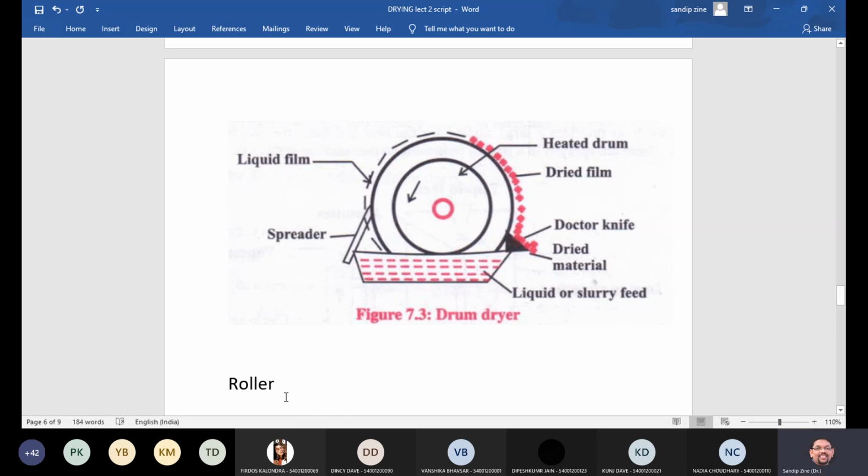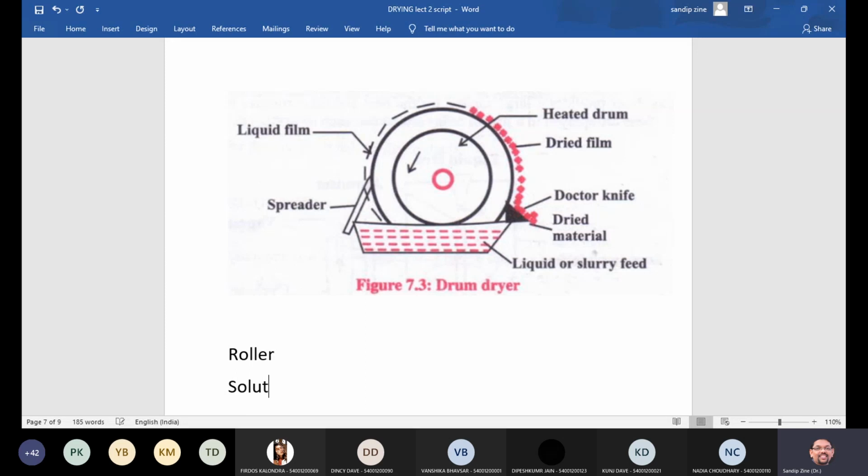Now in case of a drum dryer, if you are writing the principle part, the drum dryer is equipment used to convert solutions and suspensions into solids. So whatever solutions or suspensions we are using can easily be dried with the help of these dryers.